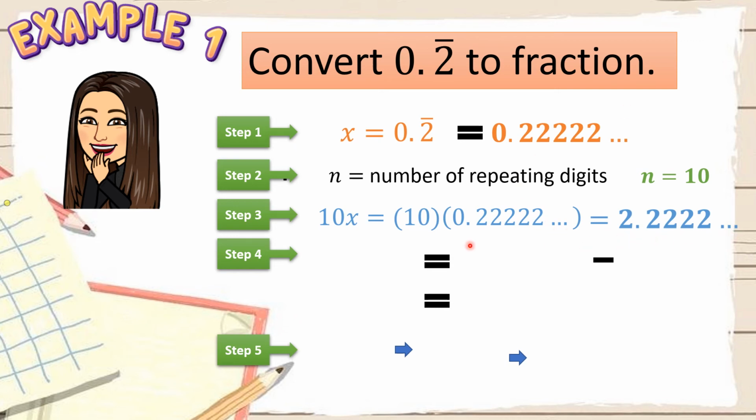Whenever we multiply, we simply move our decimal point 1 unit to the right. That's why we get this answer.